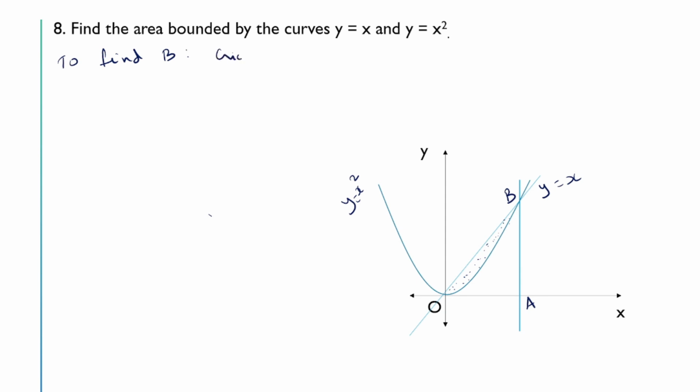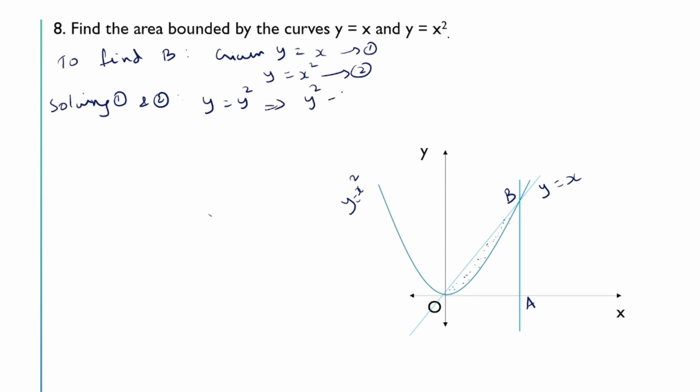So it is given y equal to x and y equal to x square. So solving 1 and 2, we get y equal to y square or y square minus y equal to 0 or y into y minus 1 equal to 0.